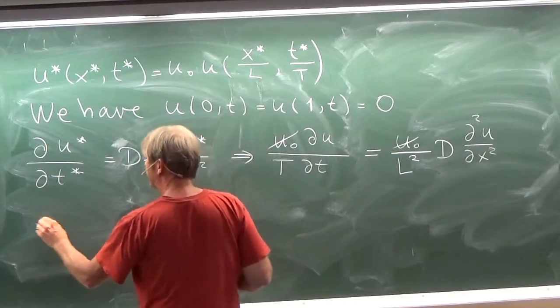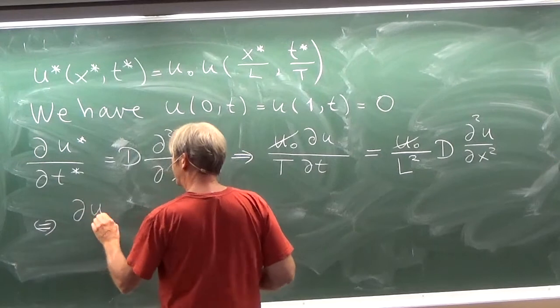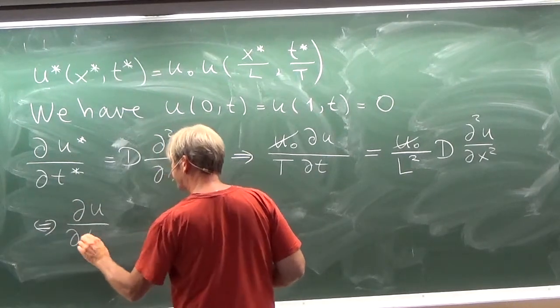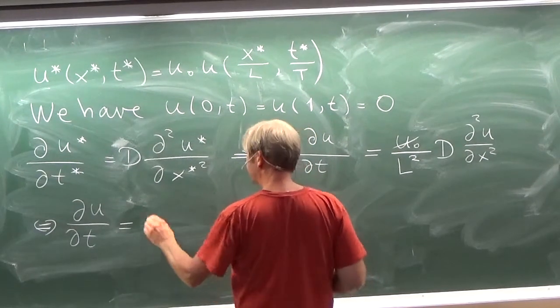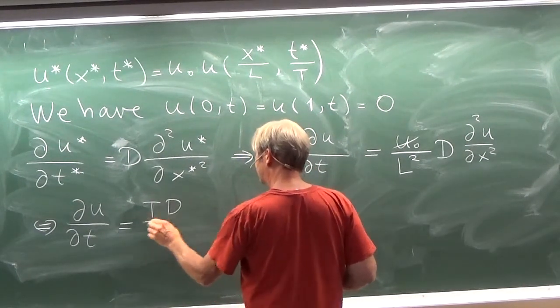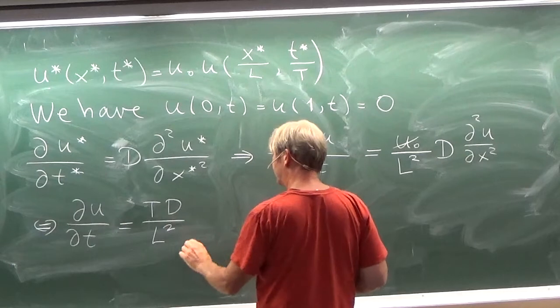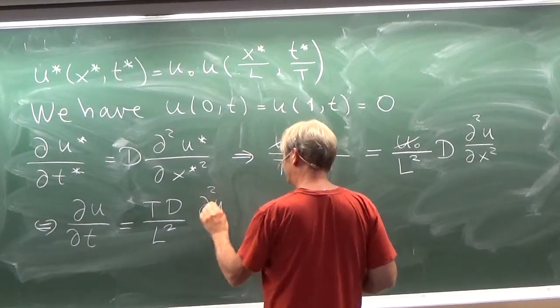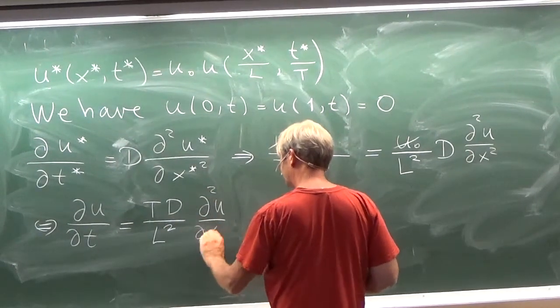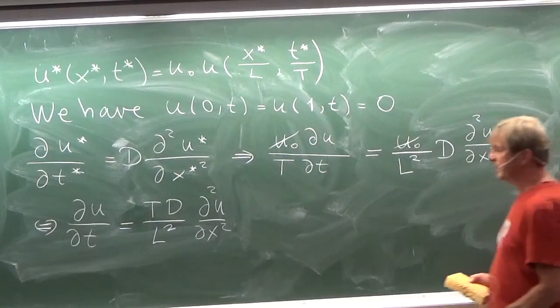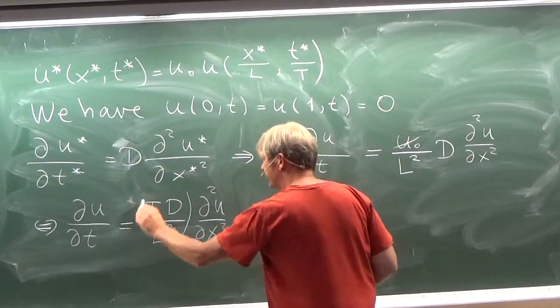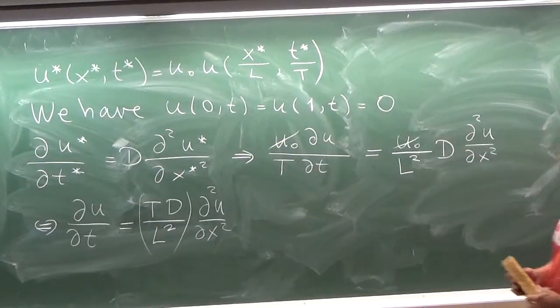So as I collect the terms on the right-hand side, or multiply up, I get T D over L squared. So this is the equation on dimensionless form, where this coefficient depends on the time scale.